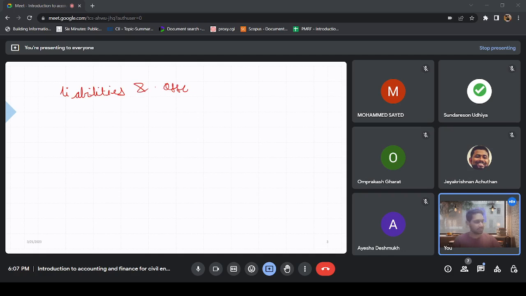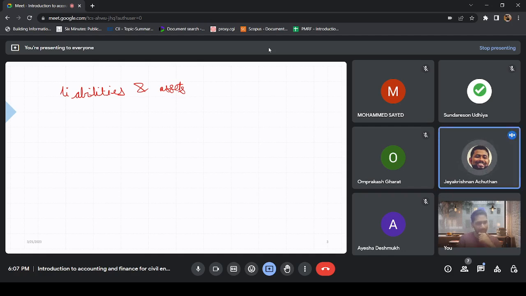So what are these? You have gone through Google, so maybe you can tell me your understanding of this. The professor had clearly explained: liabilities is what we owe, and assets are what we are owed, either in the form of physical assets like cash, buildings, or whatever, and as accounts receivable also, as I understood through the assignment.